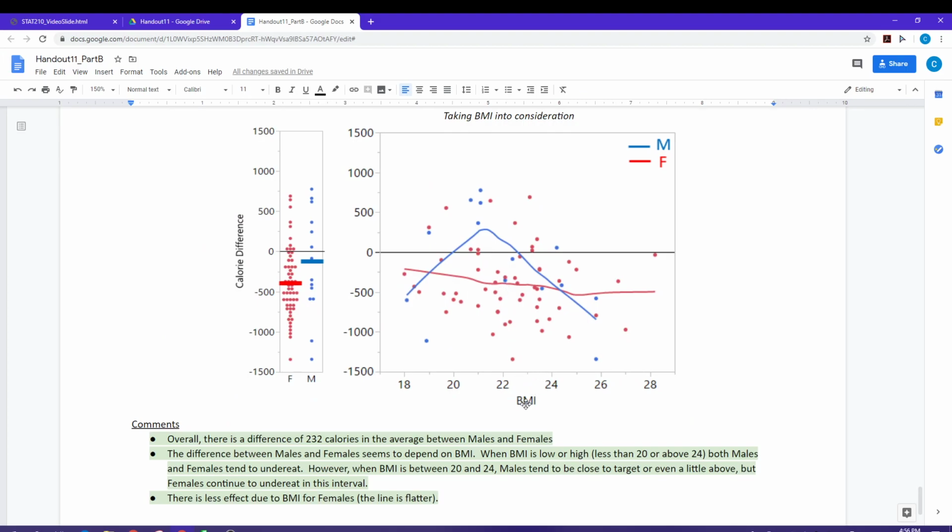So is there an effect of BMI? There is. When we're in the healthy region from 20 up to 24, there's a difference between the males and females. That difference doesn't exist when the BMI values are real low or when the BMI values are high.